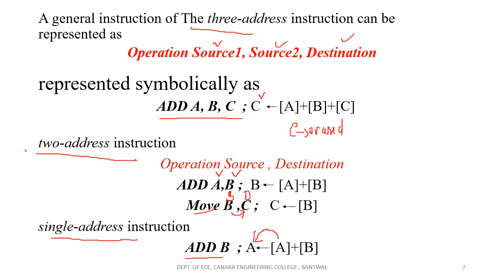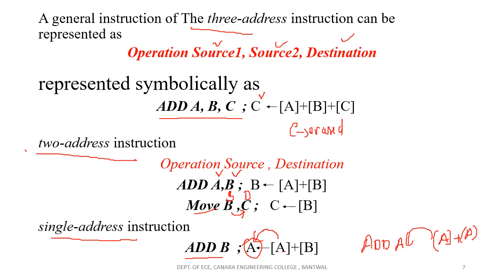So with add B, the content of the accumulator is added with the content of B register and the sum is copied back to the accumulator. Similarly, you can have the instruction add A, where the content of the accumulator gets added to itself and the result is stored back into the accumulator. This is how the single address instruction works.